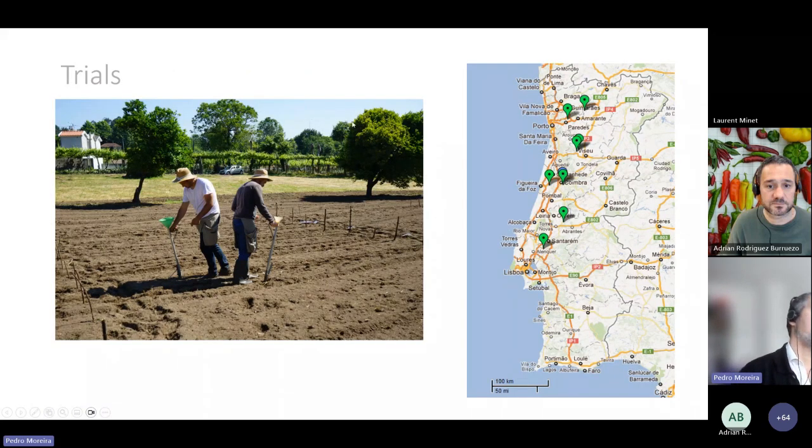Well, when we are thinking about trials, and we really want to know the value of our varieties, you can have several trials, because this is the way that you can phenotypically understand the genotype better, and understand if a certain variety behaves very well for all the locations you want, or it is specific for a certain location.